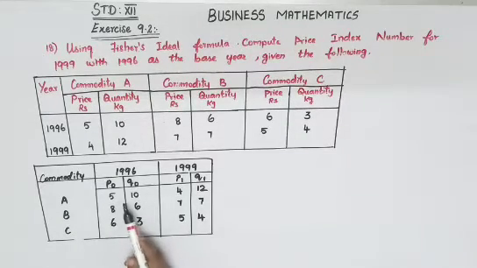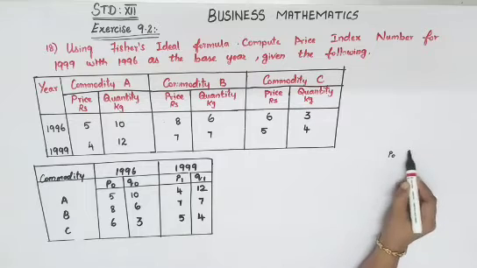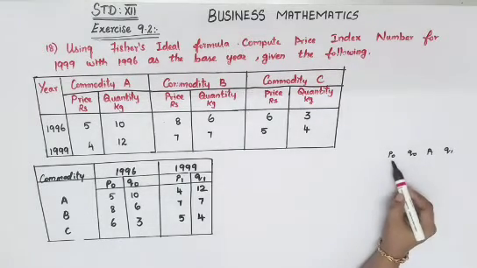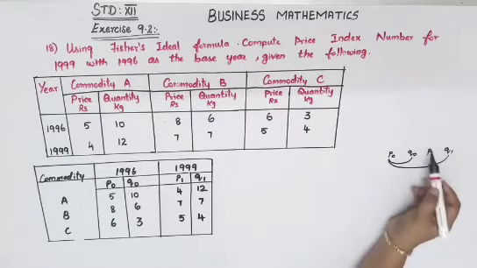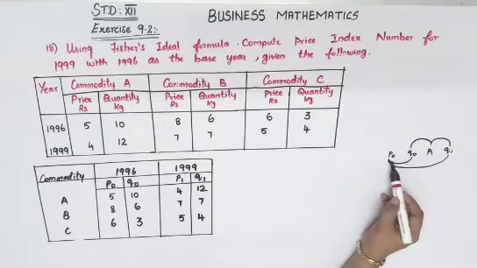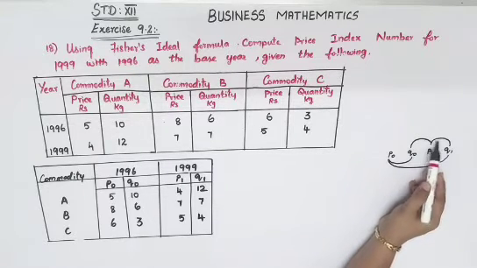Next we'll take the columns in this order: P0, Q0, P1, Q1. The order will be first and second, then first and fourth, then third and second, then third and fourth. That is P0 Q0, P0 Q1, P1 Q0, P1 Q1.